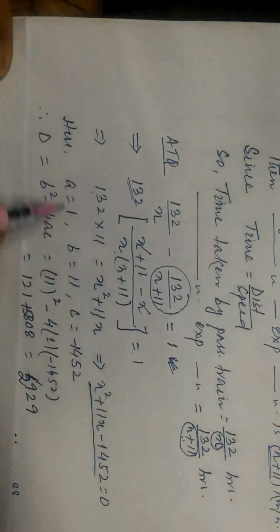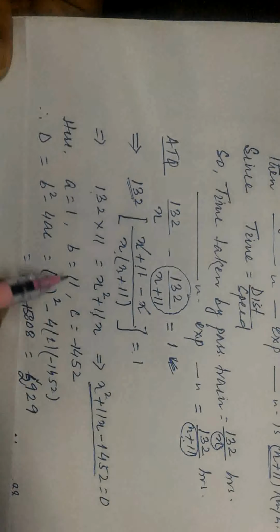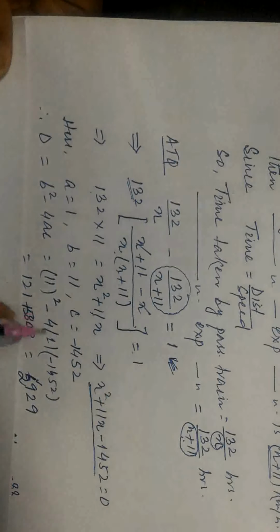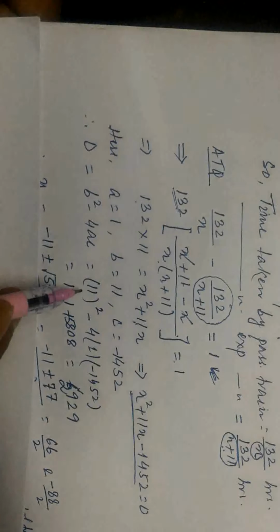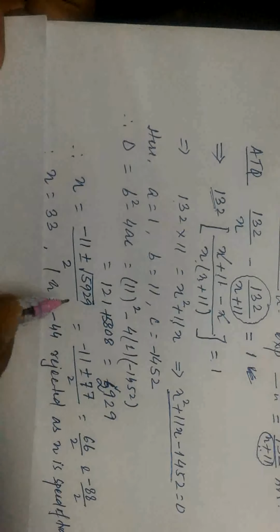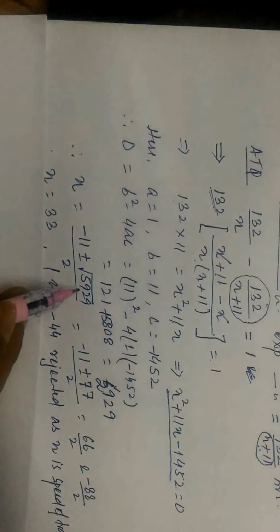So here find out a, b and c. a is the coefficient of x square, b is the coefficient of x and c means the constant term. It is minus 1452. First we will find out D, b square minus 4ac. By computing we get 5929. Here also you need to understand how to find the square root of a number by the division method. It's very simple.